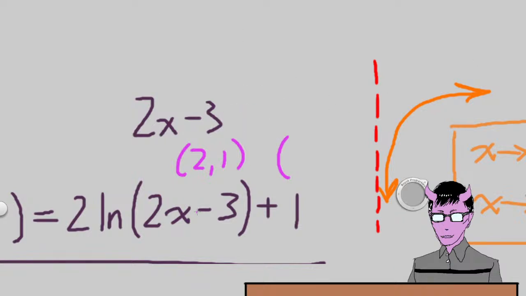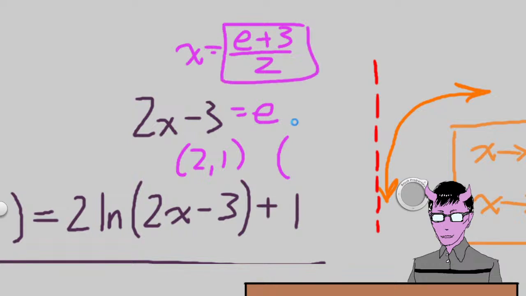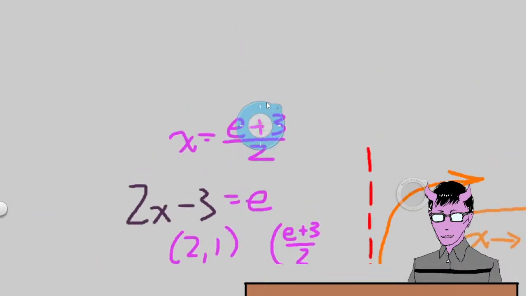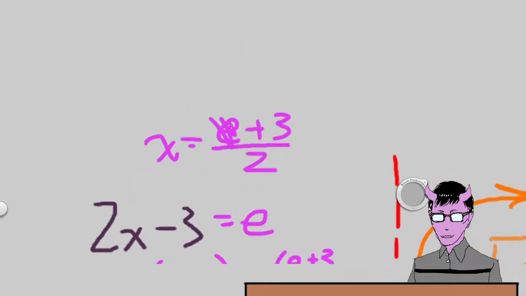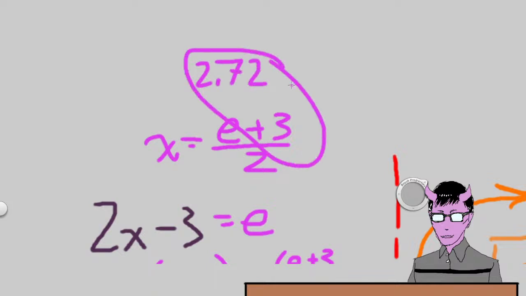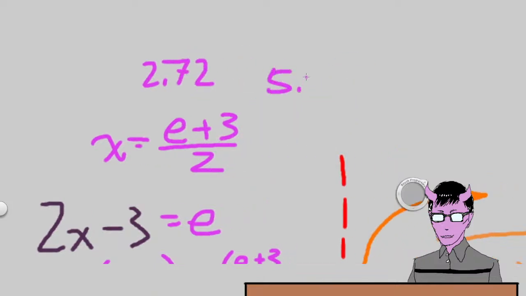We're going to force the inside to be an irrational e value. So plus 3, divide by 2, divide by 2. That's not a very nice number. So that's the exact value. But if you recall, the e value is approximately 2.72. So this one plus 3 is like 5.27-ish divided by 2.